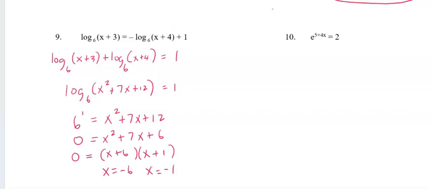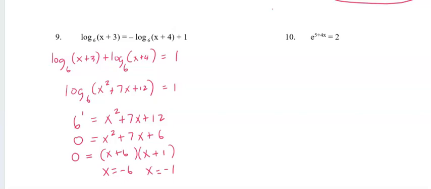But you got to keep in mind when you're doing these log equations that when we plug a number in for x, we cannot create the log of a negative number. That's what will happen if we plug -6 in for x. And it doesn't have to make both of these negative. As long as it made one of them negative, I couldn't use it as a solution.